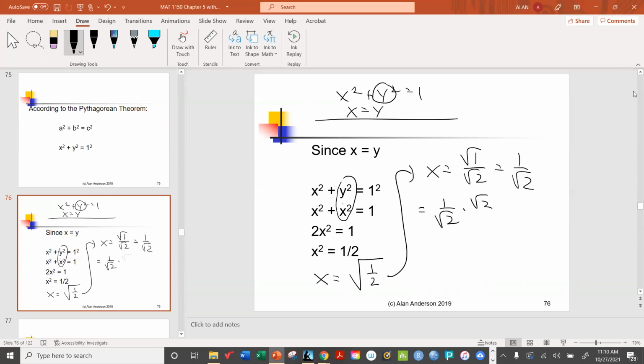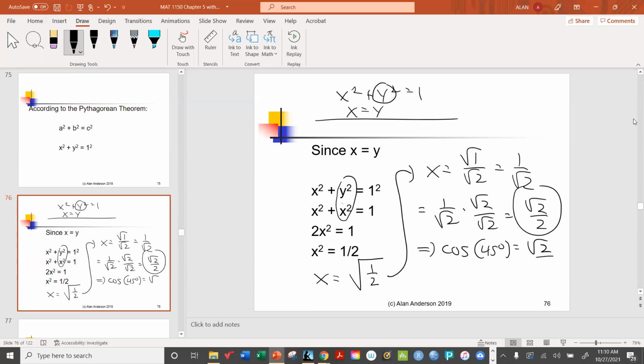We'll simplify it a little bit. So x, the cosine of 45 degrees, is radical 2 over 2. And since x equals y, that implies that the sine is also radical 2 over 2.